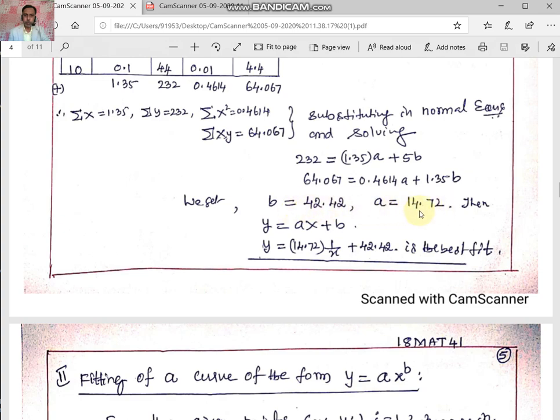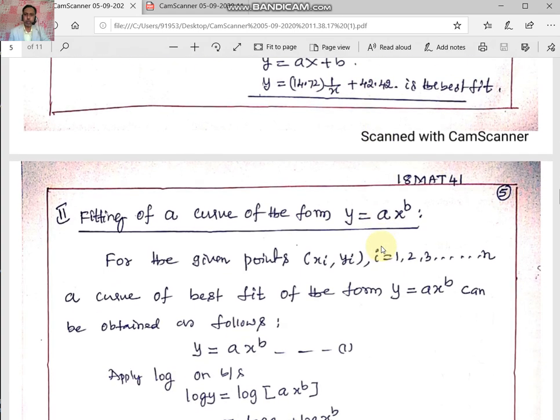Then substitute these constant values in the straight line Y is equal to aX plus b, y is equal to 14.72. Now change capital X to the original form 1 by x plus b is 42.42. So this becomes the best approximate curve to the given data in the form of a straight line.